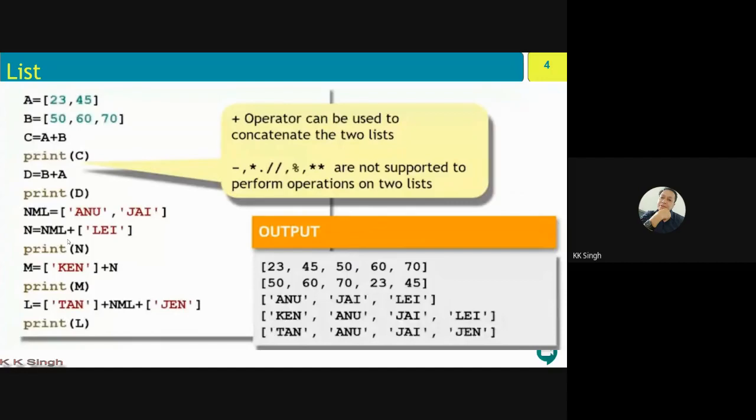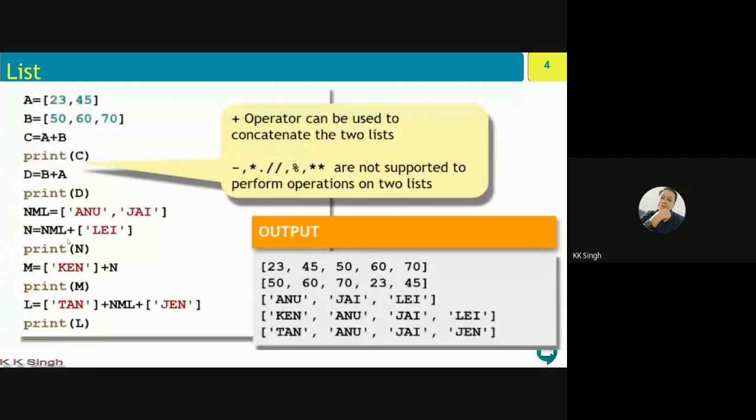And if you swap the positions of A and B and apply concatenation on B and A, this will give you 50, 60, 70, the values of the B list, and after that two values are added that belong to list A, so 23 and 45. So when you print D, it will produce 50, 60, 70, 23, and 45.